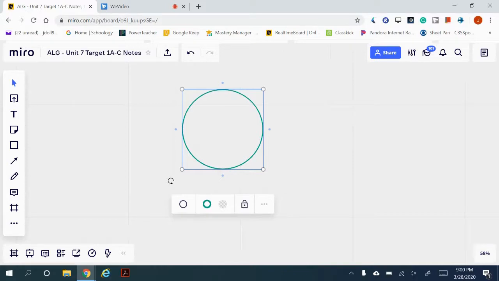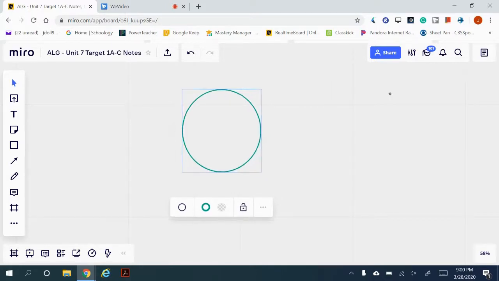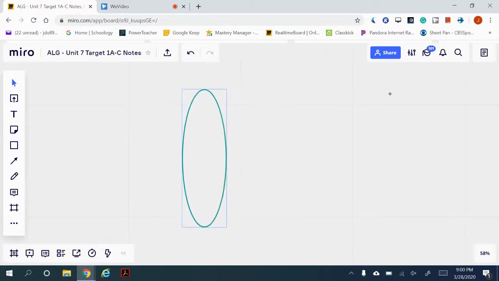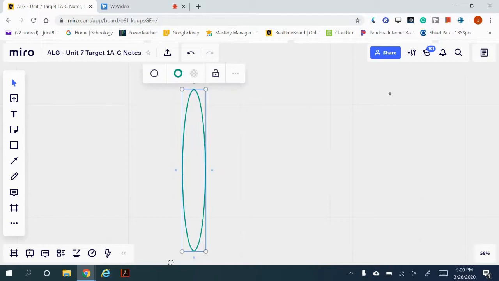So I want you to watch this circle right here. As I start to stretch this circle vertically to make it taller, I'm going to grab this and start stretching it. What do you notice is happening horizontally? Vertically, as it's stretching, horizontally, notice it's getting skinnier. So these are kind of synonymous actions: as something is getting stretched vertically, it is also getting compressed, or skinnier, horizontally, right?